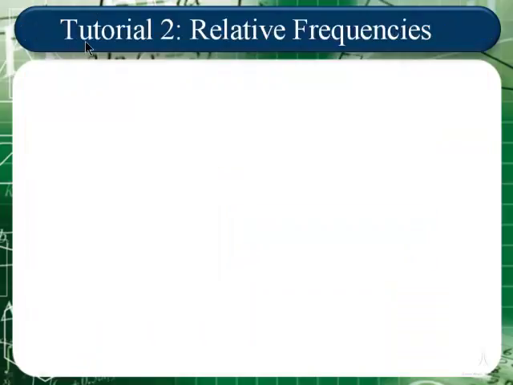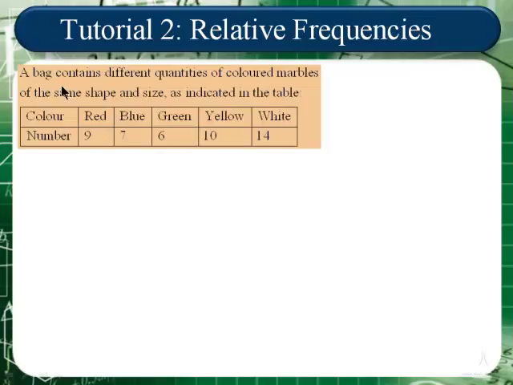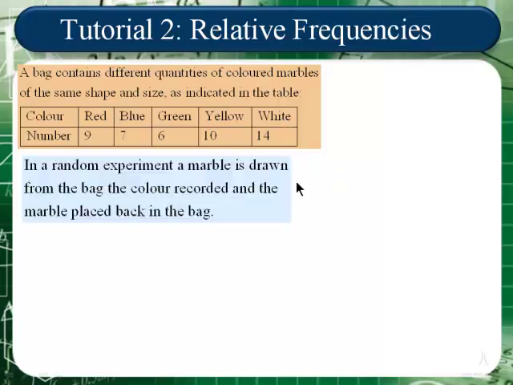We're now in a position to do tutorial 2, dealing with relative frequencies. A bag contains different quantities of colored marbles of the same shape and size, as indicated in the table below. So there are 9 red marbles in the bag, 7 blue ones, 6 green, 10 yellow, and 14 white.